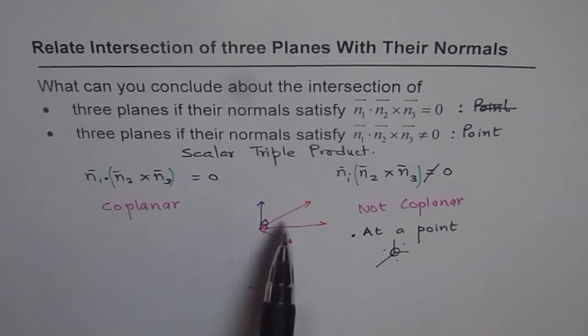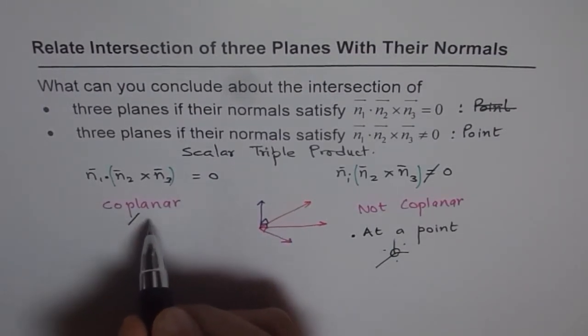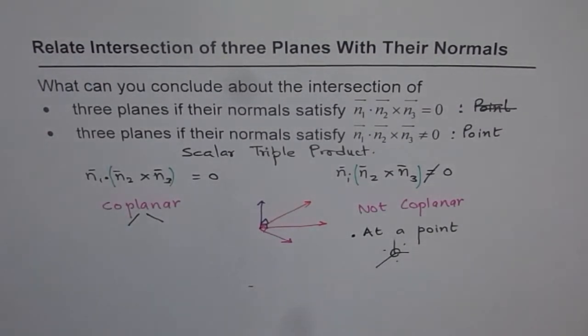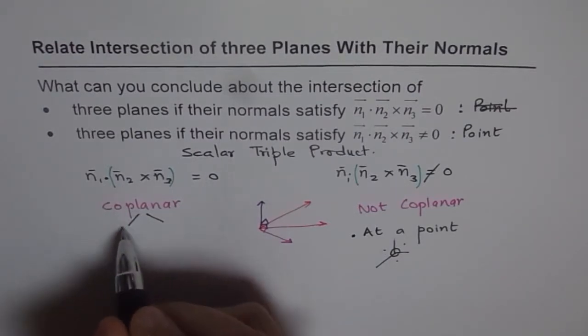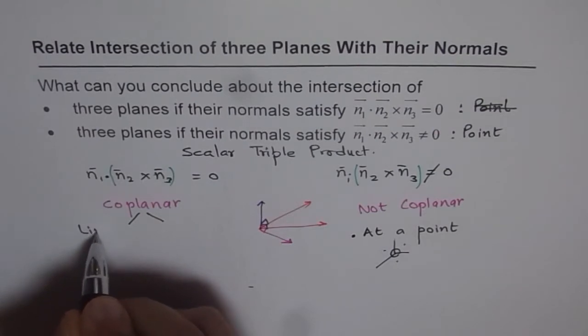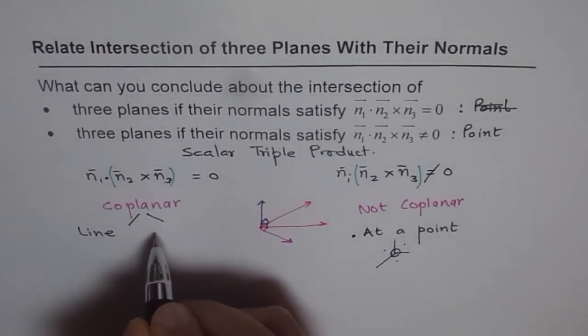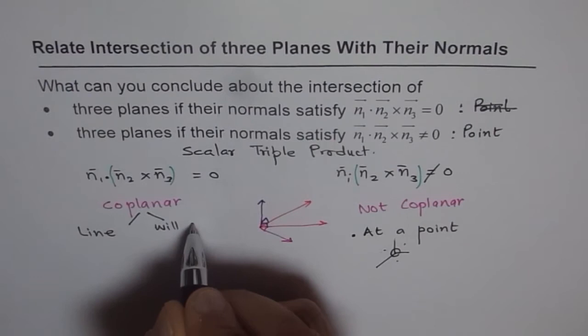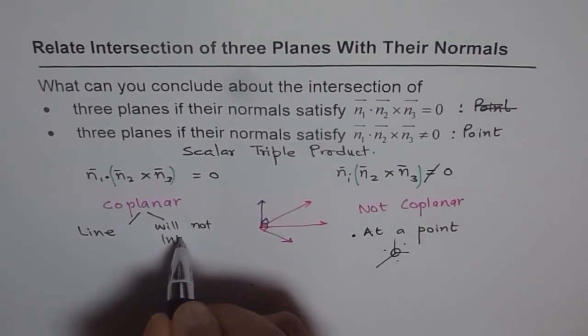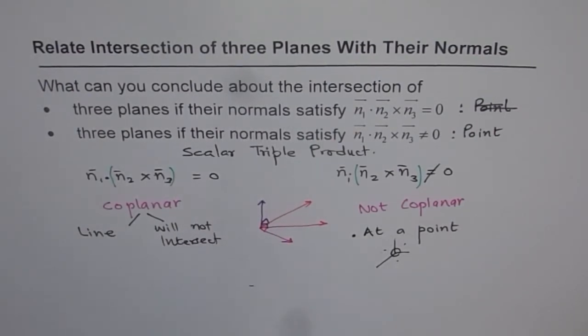Now, when they are coplanar, then what happens? There could be two different conditions here, that is, whether the three planes do intersect or they don't intersect. If they do intersect, they will intersect in a line, or they will not intersect. If they intersect, they always intersect in a line.